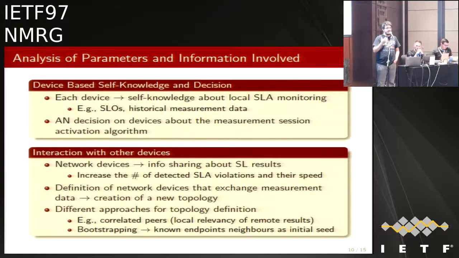There are some solutions that consider centralized control, for example, using an SDN controller. But in this case, we suppose that it's better to have a distributed approach for this task.